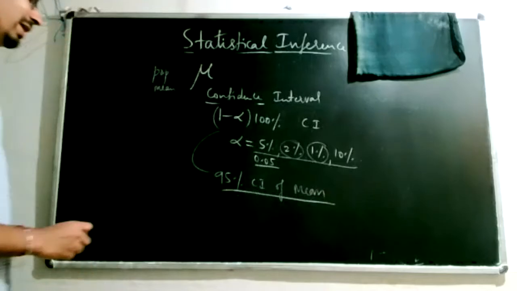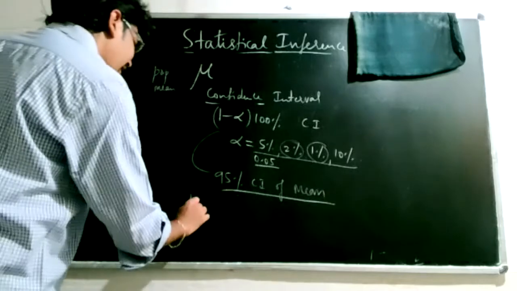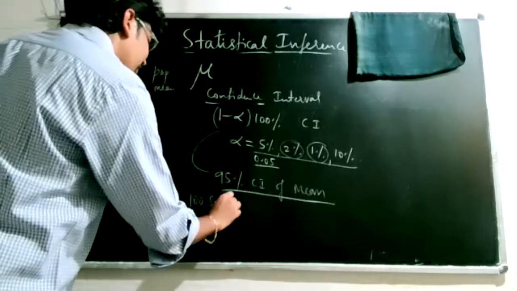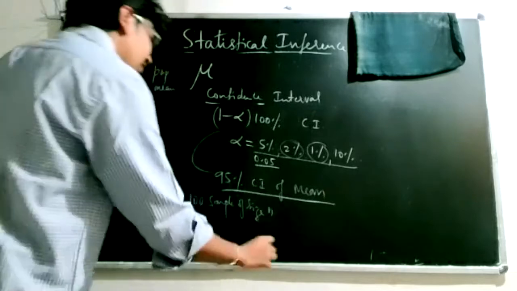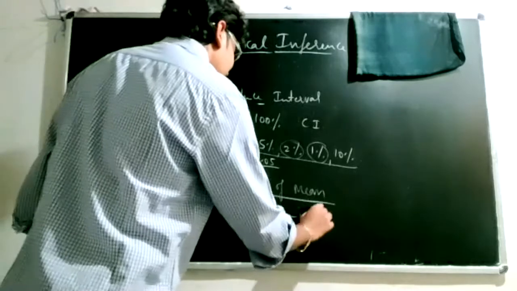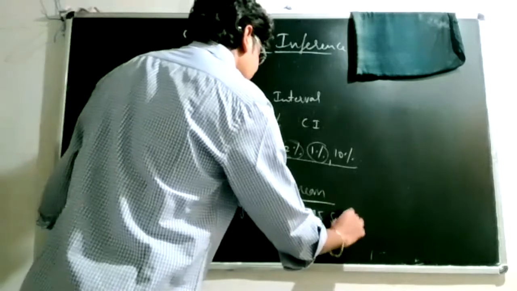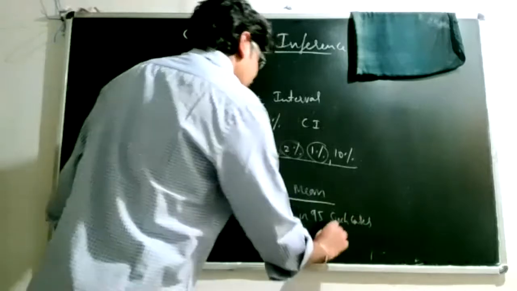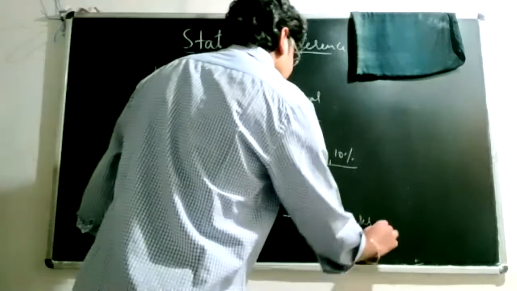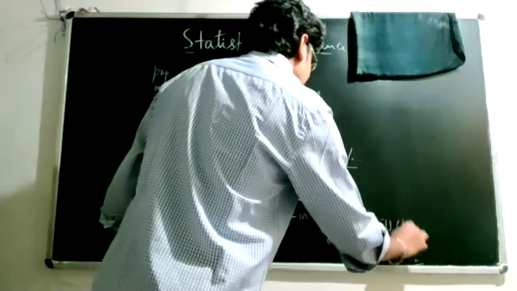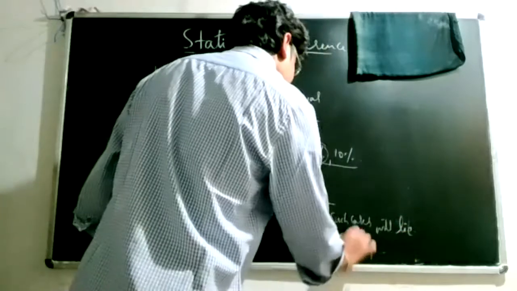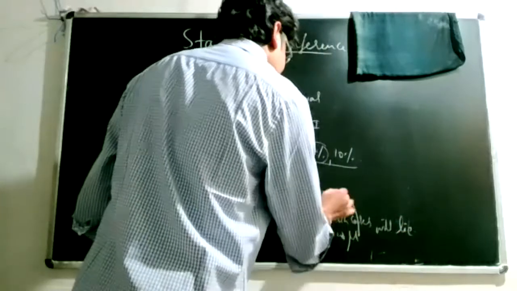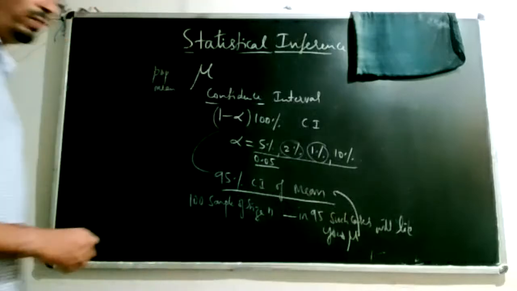That's indicating that if you take 100 samples of the same fixed size n, then in 95 such cases your population mean will lie in the interval you are producing.